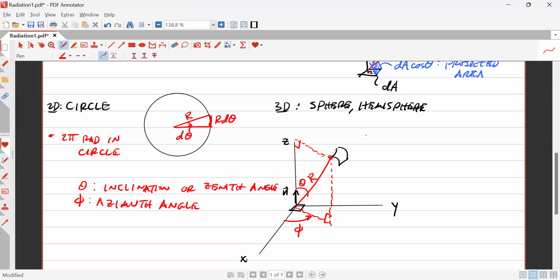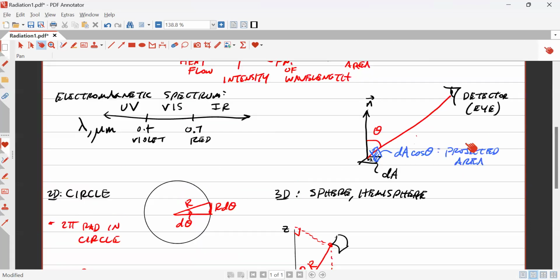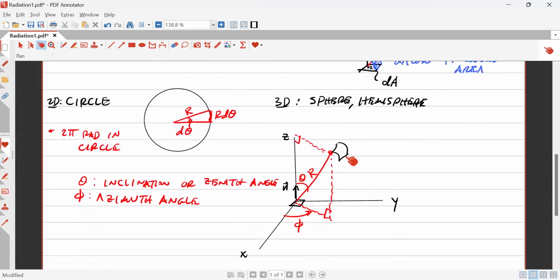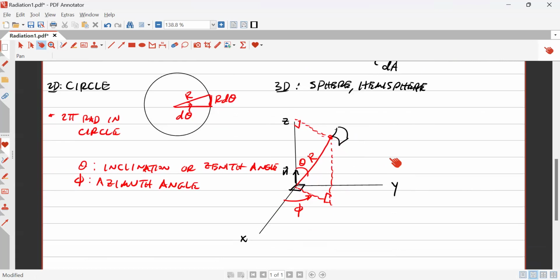So the question is, what is this area here? How do we relate the solid angle, which is this d omega, to this setup right here? And so let's take a look at the area that we have drawn out right here.